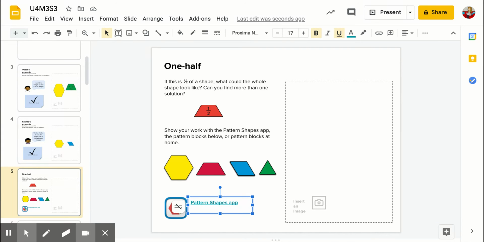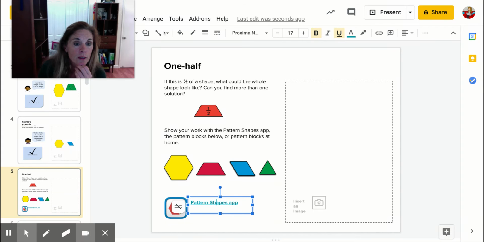You know by looking at the number in the bottom of the fraction that there should be two parts. So if you pull another one out, you can spin it around. You click on it and there's a green line around it. You click on it and then you can push it up against the other red trapezoid and you'll see that two of these together make 1/2.